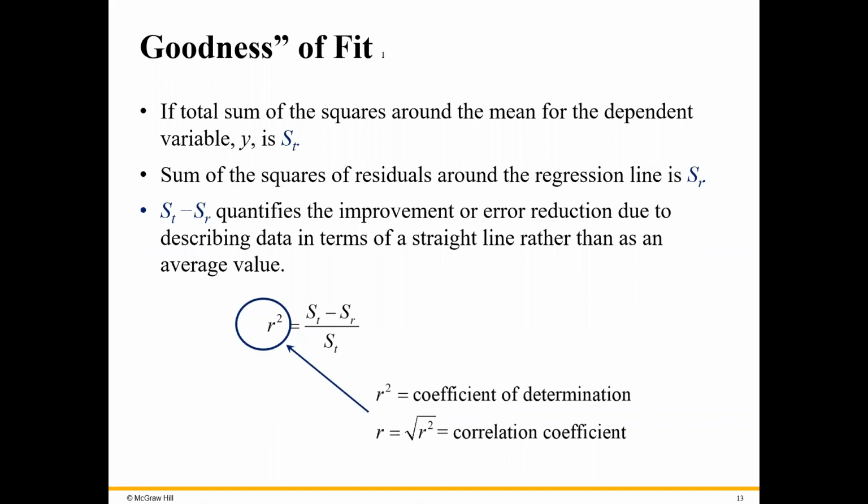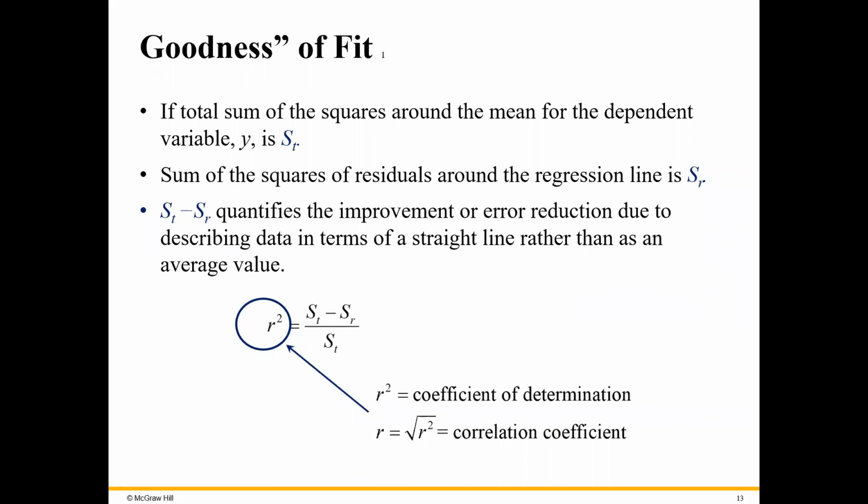R square is the coefficient of determination that determines what percentage of points in the curve which has been established have been determined with certainty, or how much uncertainty we have removed.